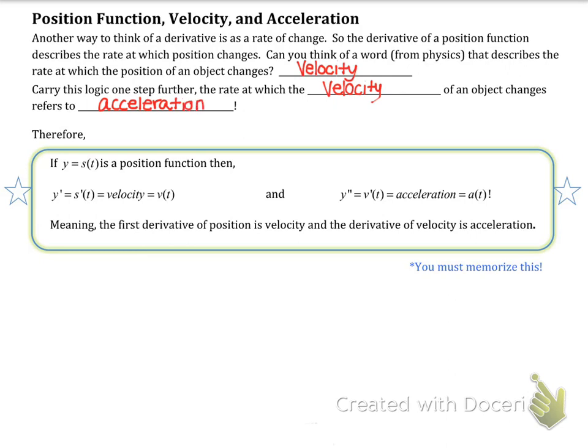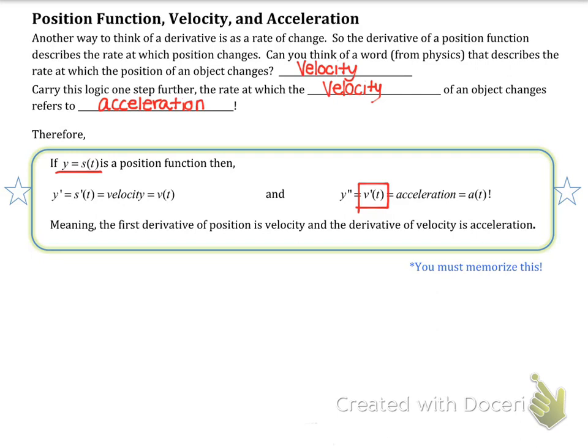All right, and these concepts give us this box down at the bottom here that you must memorize. So if we have a function y equals s of t, and it's a position function, then we can say the first derivative of s of t equals the velocity. And then the second derivative, which is the derivative of the velocity, since that's what the first derivative equaled, is the acceleration.